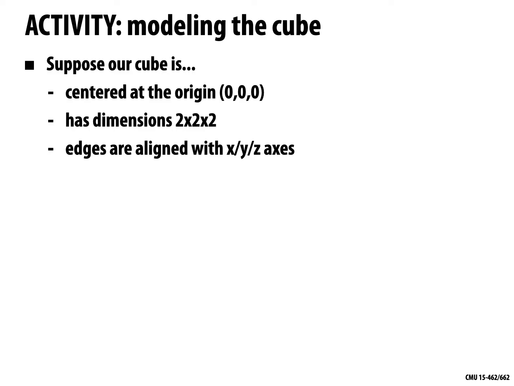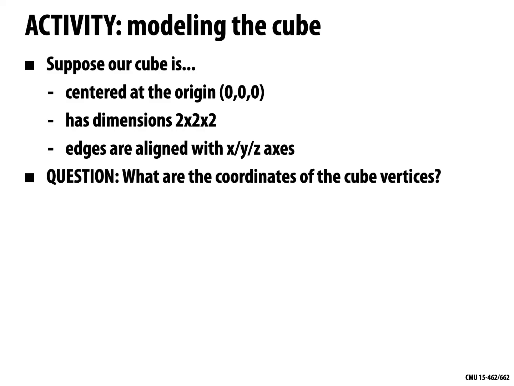It's kind of an abstract question, but let's try this. So one thing we could do that's pretty concrete is we could say, first of all, what are all the corners, or what are all the coordinates of the corners of the cube, or the vertices of the cube? Right, so given this description of the cube, we should be able to figure out where in space its 8 corners live.